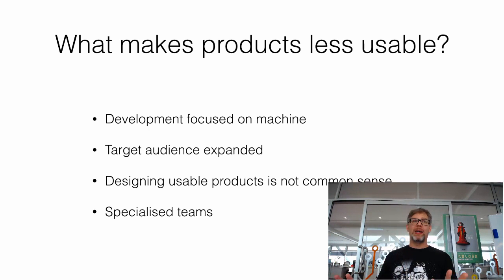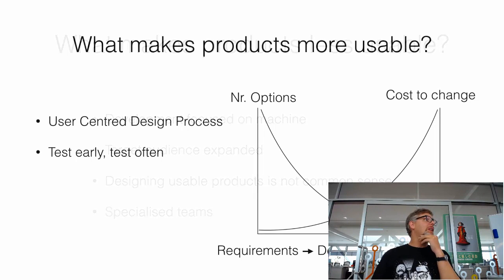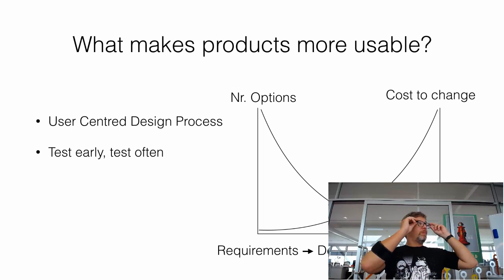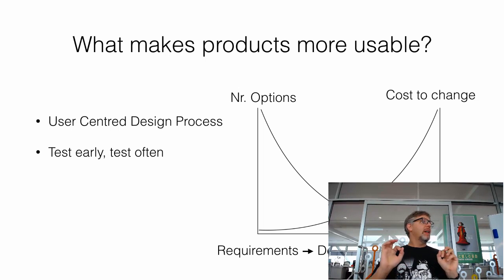That is a really bad idea. What you actually need to do is get in early. The thing is that changing something in the product is very cheap early on. When you're in the conceptual phase of a product, making something different is easy and has very little financial consequences.